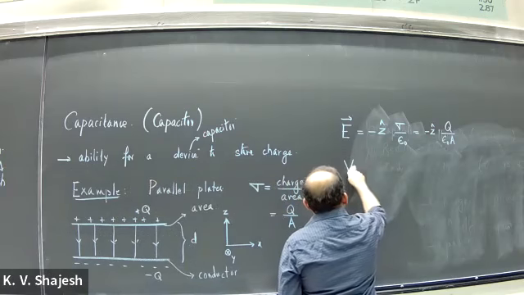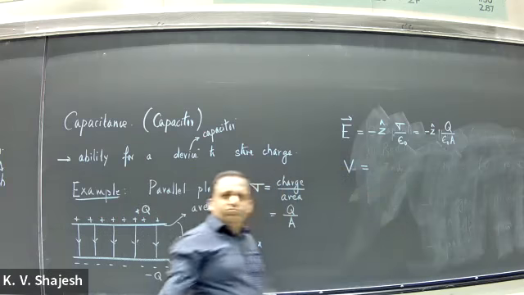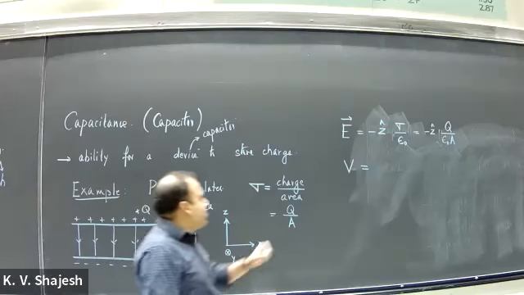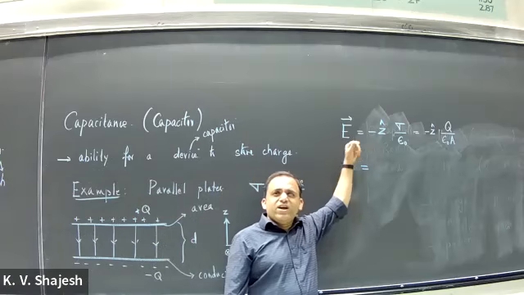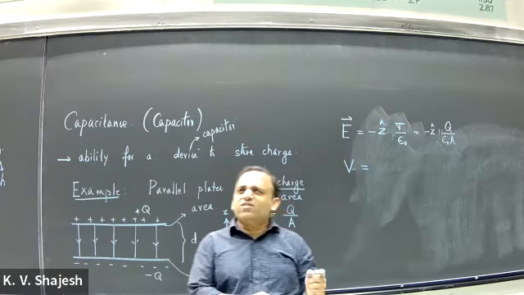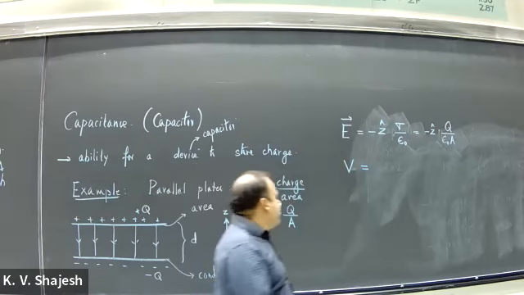Electric potential is like a work done. It is a force times distance. Remember, the work done by a force is force times distance. Here we have the electric field, which is per unit charge, so it is electric field times distance, but we want to write it as an integral.